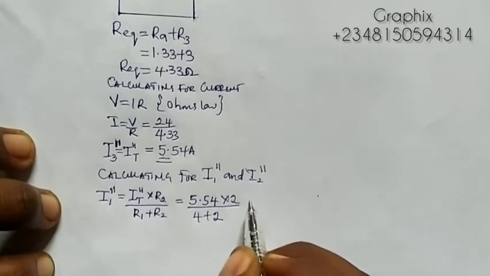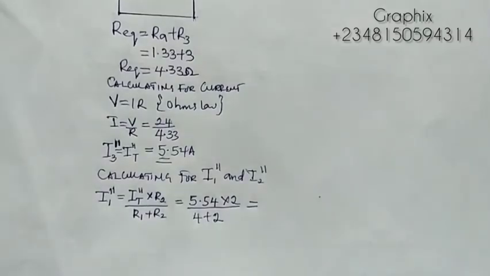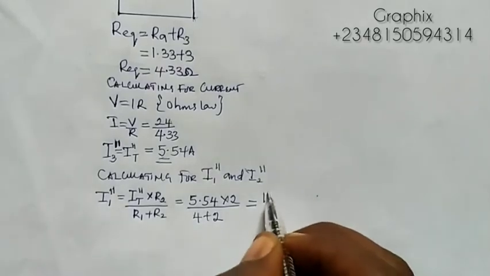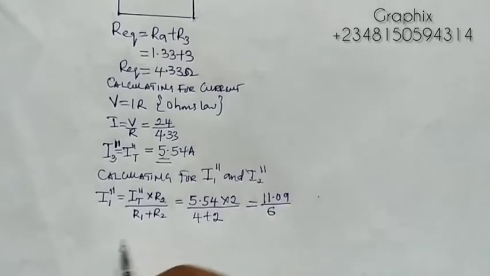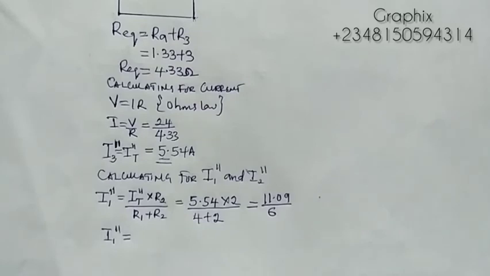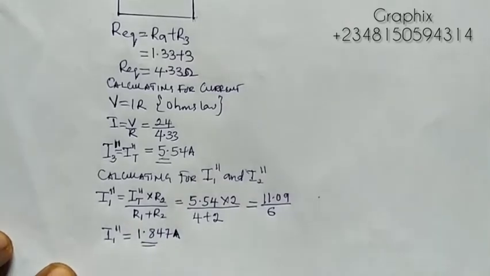So 5.54 times 2 is 11.09, and 11.09 divided by 6 will give me I1 prime prime, which is 1.847 amperes. So that's our current I1 prime prime.